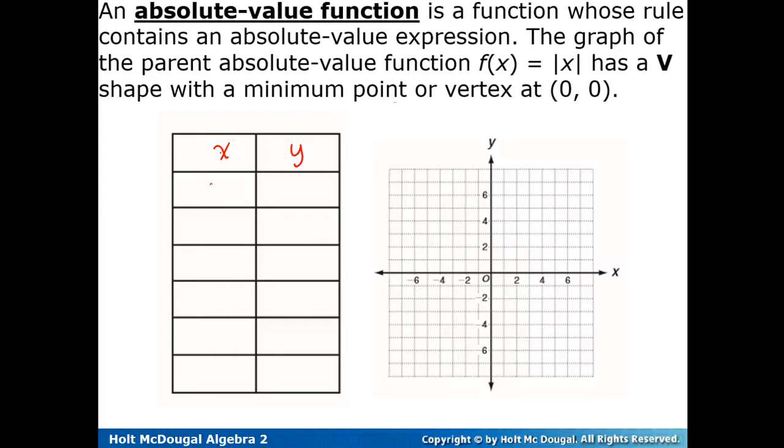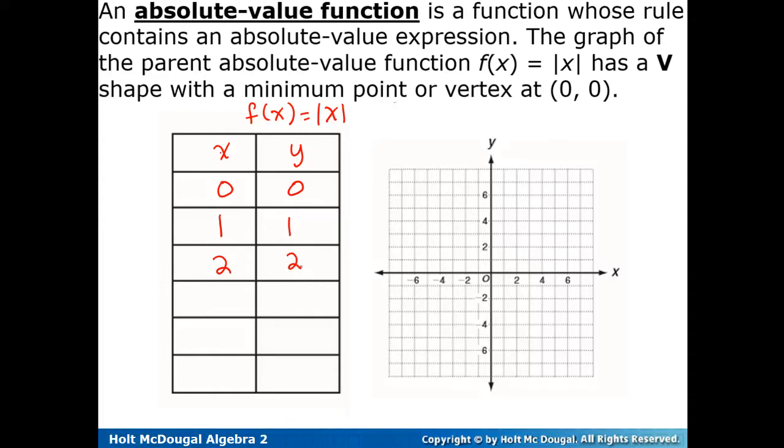Our function is f of x equals the absolute value of x. When x is 0, y is 0. When x is 1, the absolute value of x is also 1, because remember that's the same distance away from 0. When x is 2, the absolute value is 2.